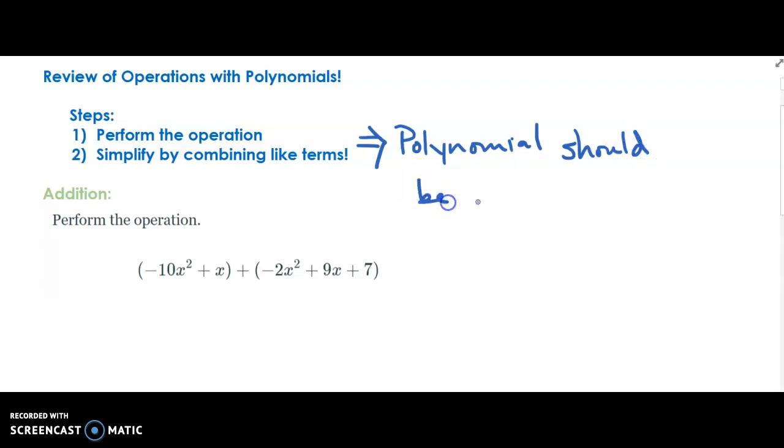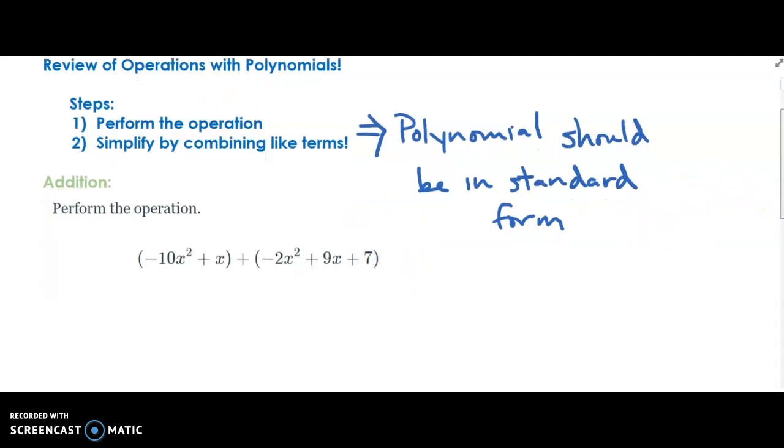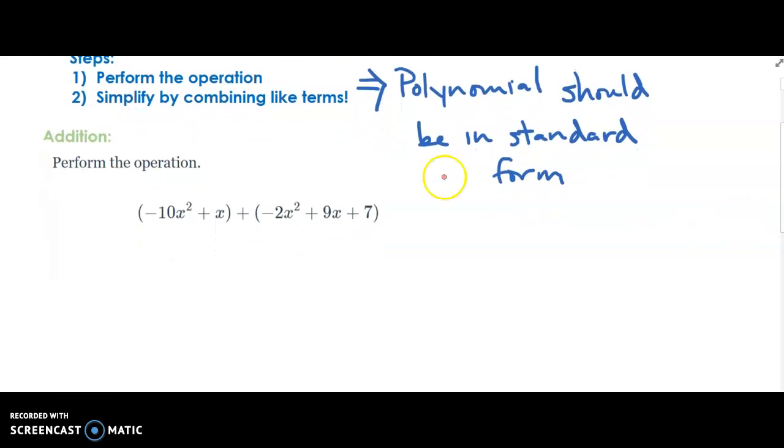So should be in the standard form that we just talked about for the first part of our notes today, where everything's multiplied out, terms are in order from biggest exponent to smallest exponent. So let's go ahead and see what that looks like. We'll start with polynomial addition.